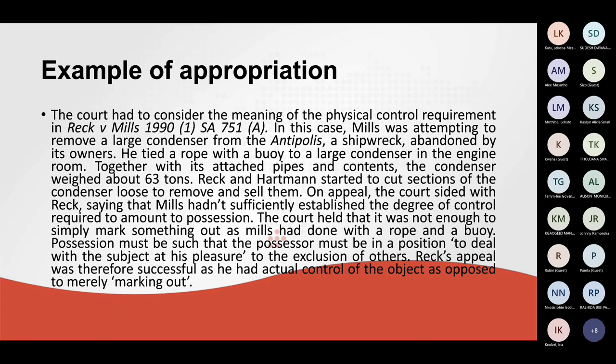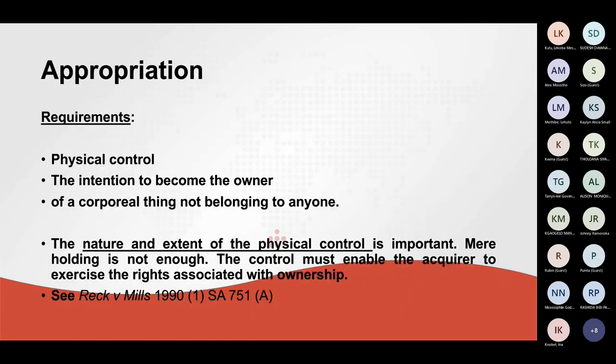On appeal, the question was basically who became the owner of the large condenser. Was it Mills, who tied a rope with a buoy to the large condenser, or was it Rick and Hartman, who started to cut sections of the condenser? In order to determine whether ownership was acquired, it's important to take into consideration the three requirements I've mentioned before, namely that you must have physical control of the thing, you must have the intention to become the owner, and the thing must belong to no one.